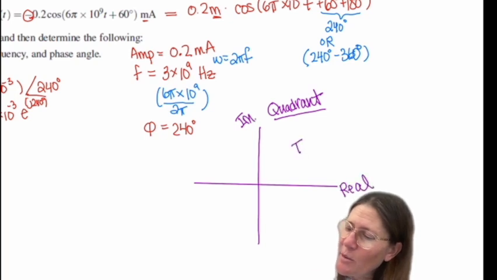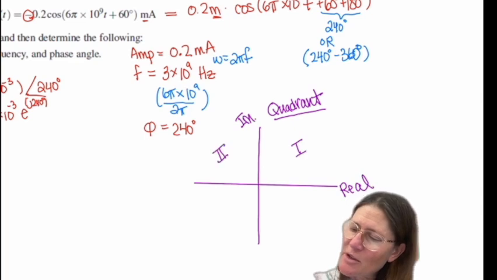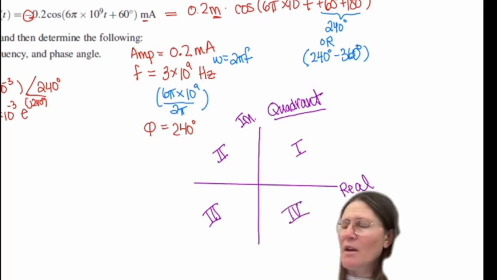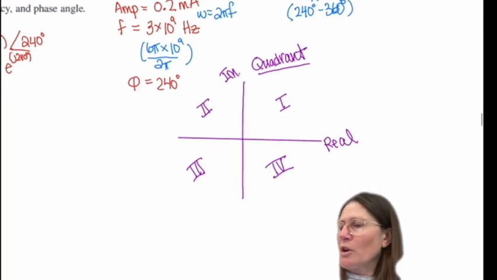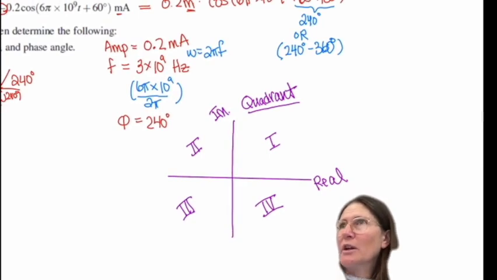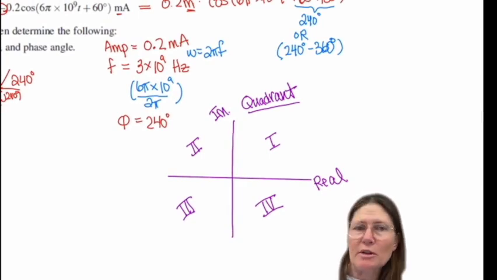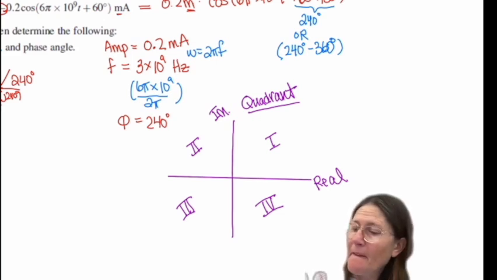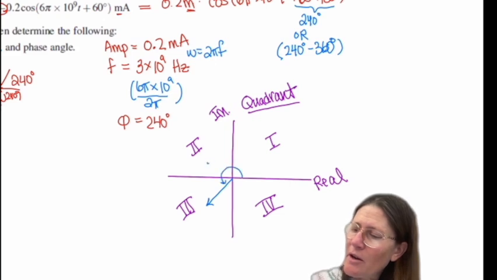So we say this is quadrant 1, this is quadrant 2, quadrant 3, quadrant 4. So 240 is located where? In which quadrant? 3. Okay, correct.